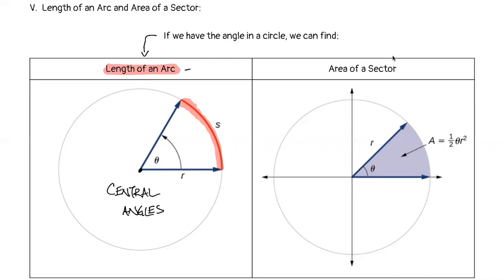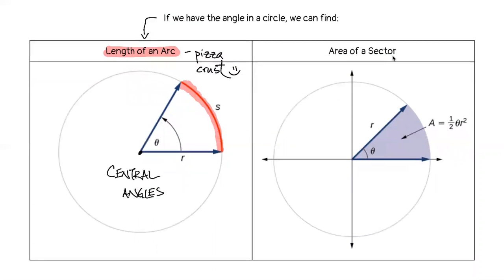We can think about this kind of like the pizza crust, okay? So how long is the crust on your given pizza slice? We know that if we have a larger slice, we're likely to have more crust than if we have a smaller slice. Now, the other thing we can find if we have an angle in a circle is something called the area of a sector.